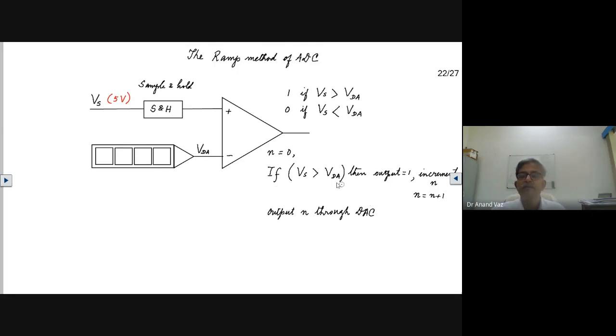Here again, the comparison says that VS is greater than this, so it is a 1, and again you are going to increment it. As long as this takes place, you are just going around this loop, incrementing and outputting.